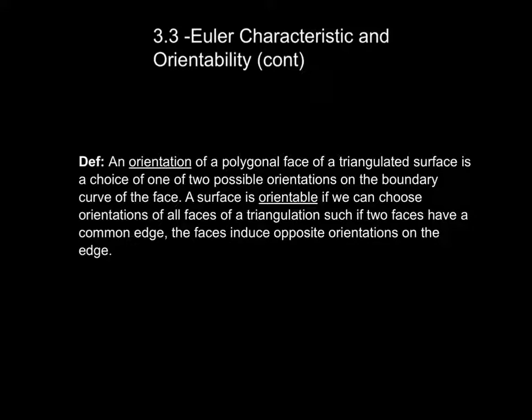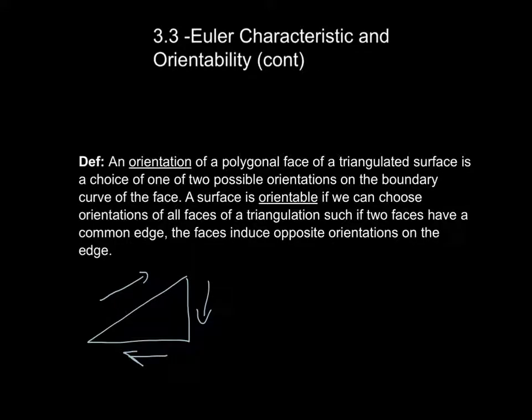So what I mean by orientations on the boundary curve of the face, it's this idea. If we have a triangle that shows up in our triangulation, an orientation will be a choice of arrows that would travel around the triangle in this direction.